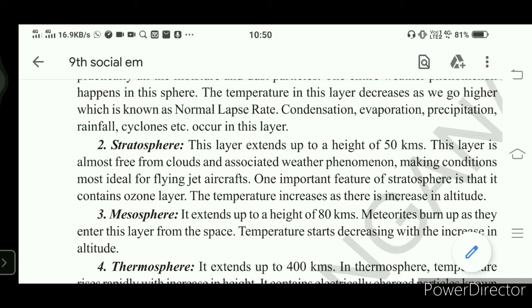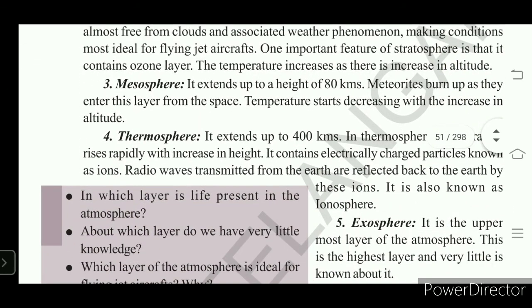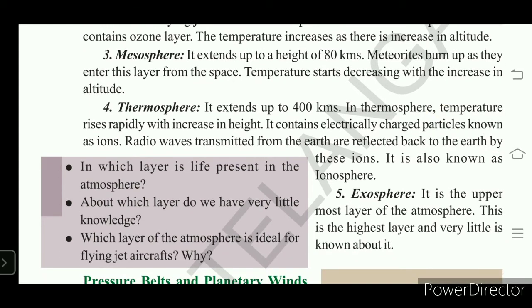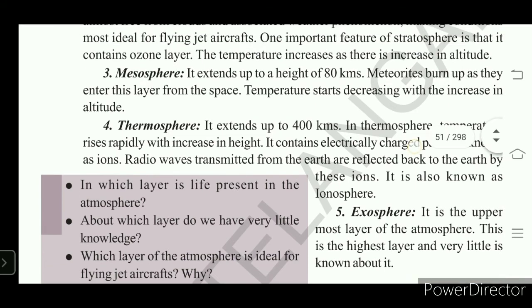Then next is the thermosphere. This is a layer extended up to 400 kilometers. As the temperature increases very rapidly along with the height in this layer, this is called thermosphere.